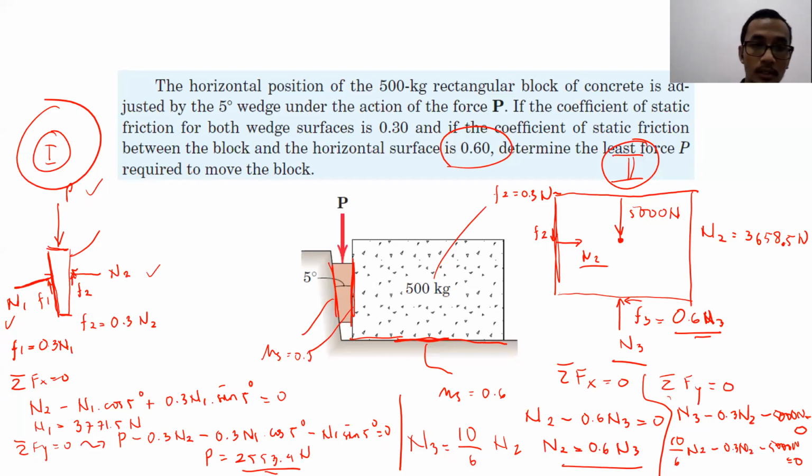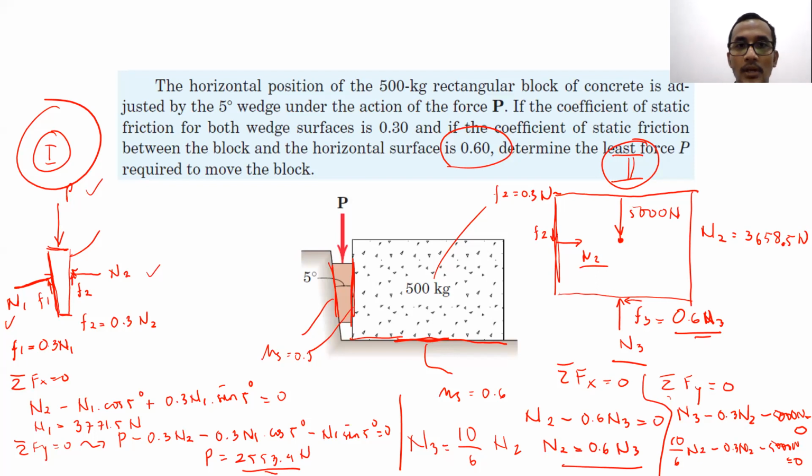So you can see that we have to check for the mass and we have to check for the wedge as well. So we have to draw at least 2 free body diagrams: the free body diagram of the mass and the free body diagram of the wedge.